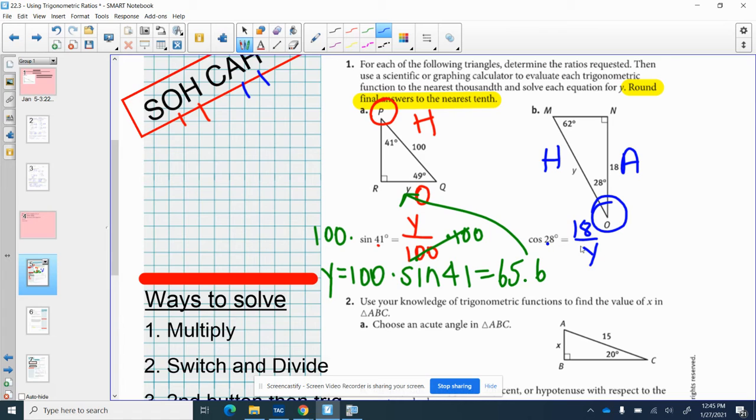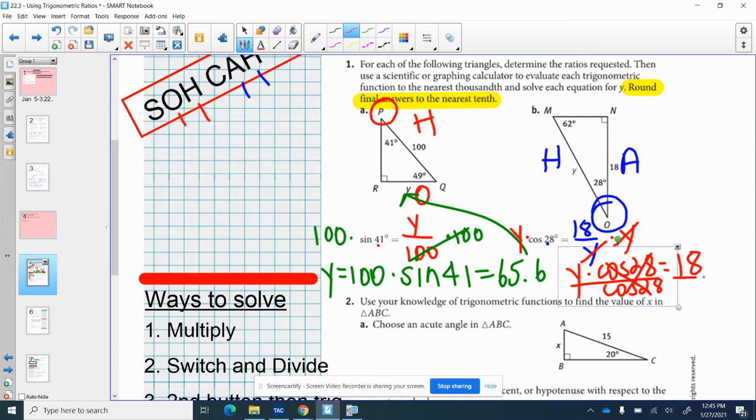Now this time, we have the y in the denominator. So what we can do here is multiply both sides by y. And then what's going to happen is, since it's y times the cosine of 28, it has to equal 18. So we need to get y by itself by dividing by cosine of 28.